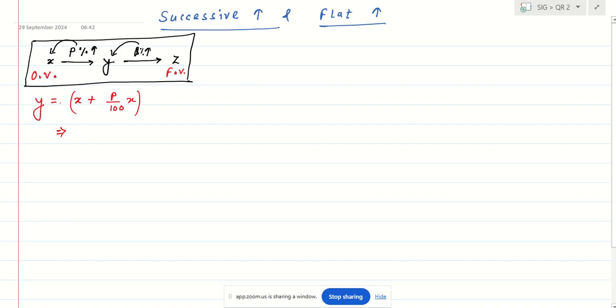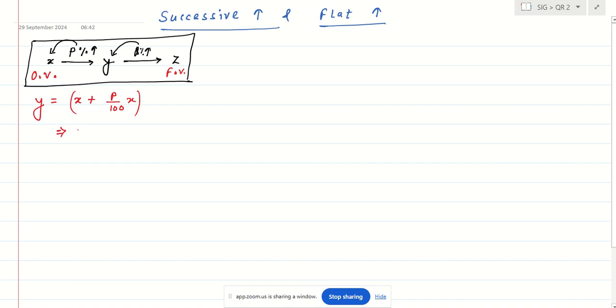So x plus p% of x. And also keep in mind, we increase or decrease only of the original value. If we increase, of what? Original value. If I decrease, of what? Original value. You should keep this point in mind.